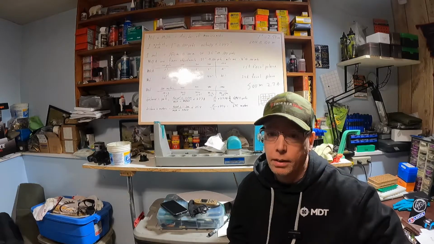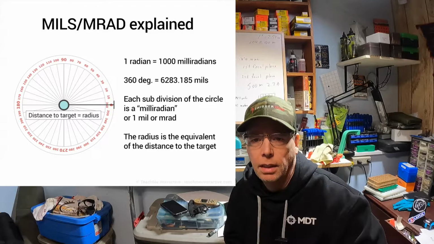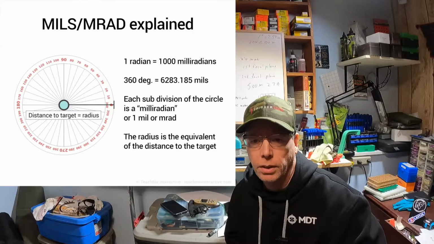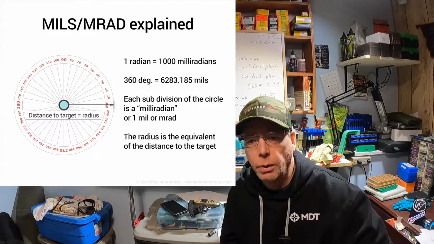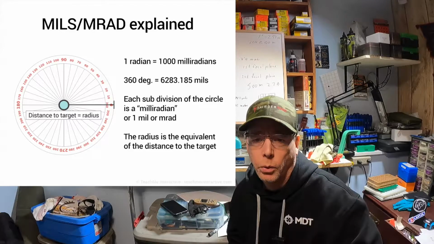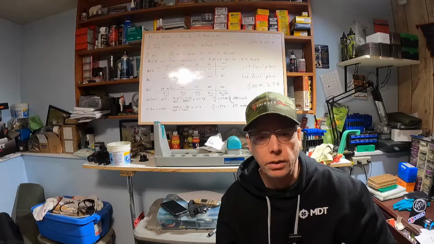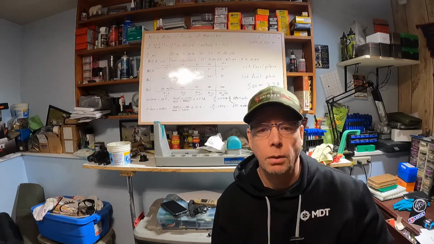But if you took that same circle and divided it into 6.3 sections, each with a 57 degree angle to make a circle, and added 1,000 milliradians to each radius, that would give you a total of 6,280 mils in that circle. And that's how we base our unit of measurements here for shooting.